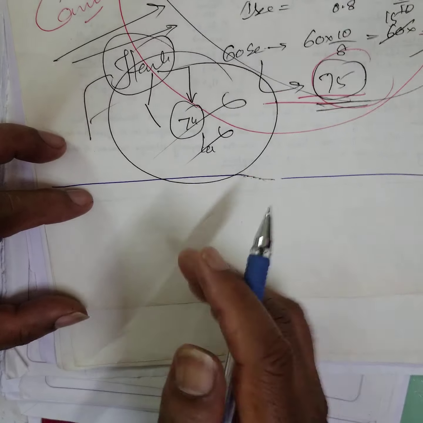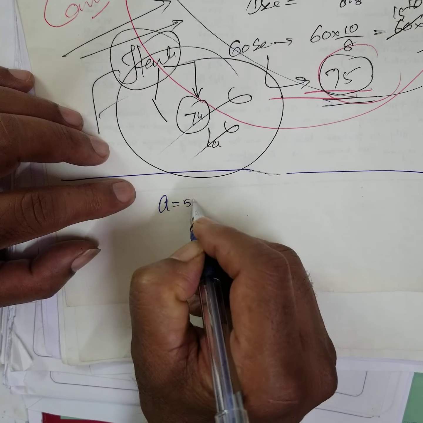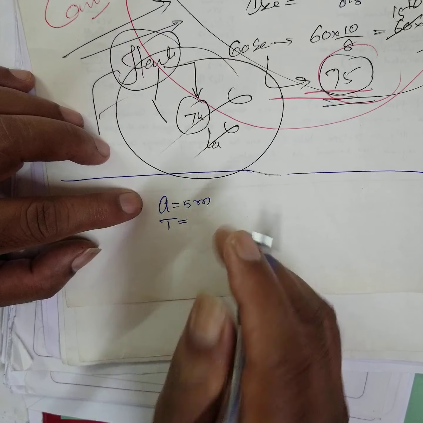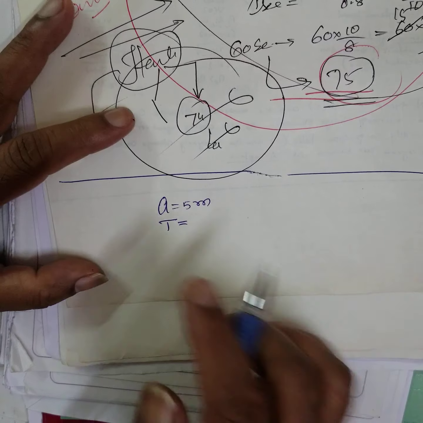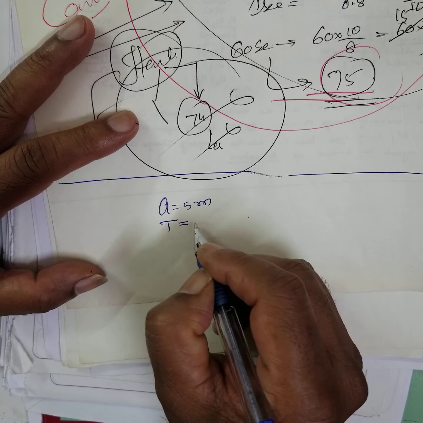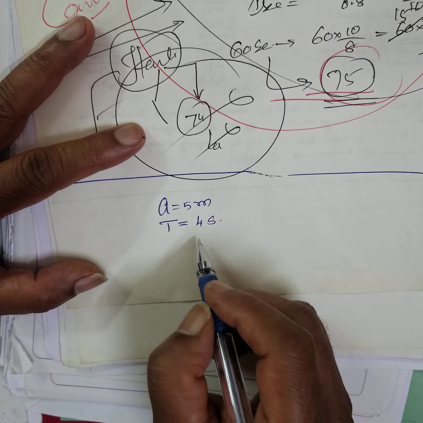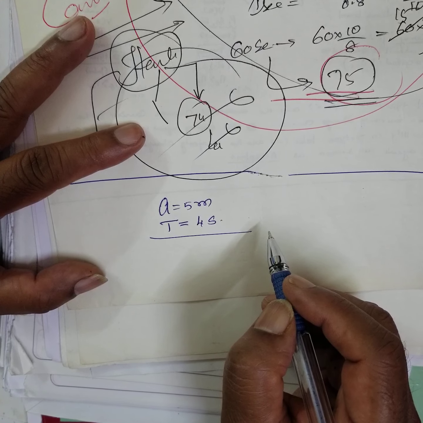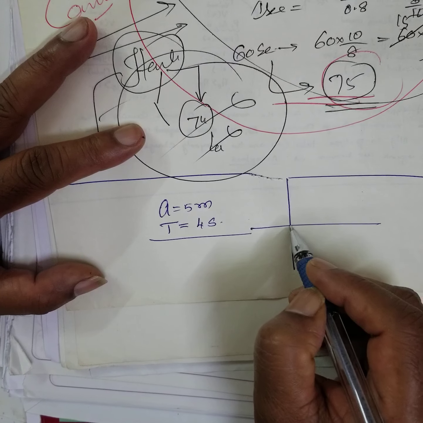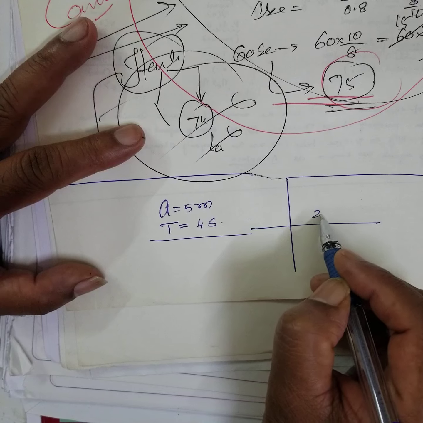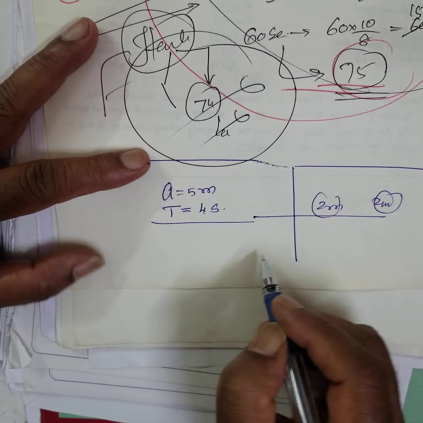Next, in a certain oscillatory system, I arbitrarily give some sum: amplitude is 5 meter and the period is 4 seconds. That means the time taken by a particle to pass from the point at a distance of 2 meter to 4 meter, that is amplitude. What do you mean by this?